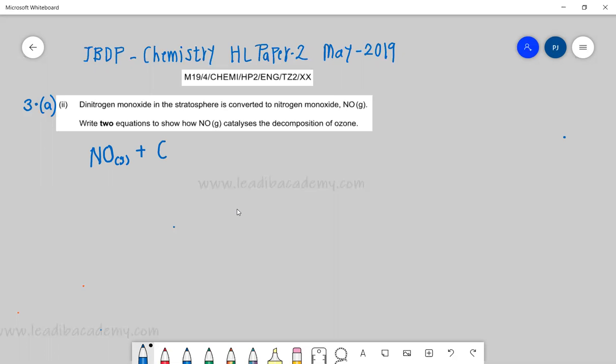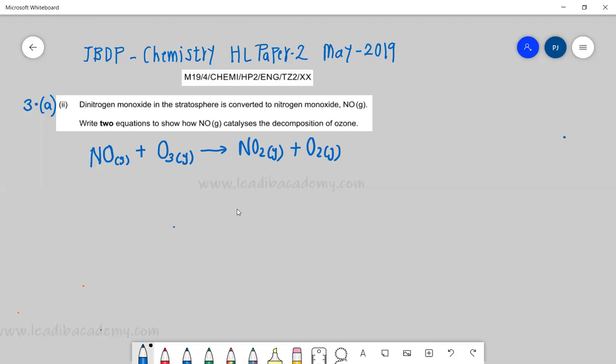So here comes NO. Ozone in the gaseous state converts into nitrogen dioxide, NO2 gas, plus oxygen.